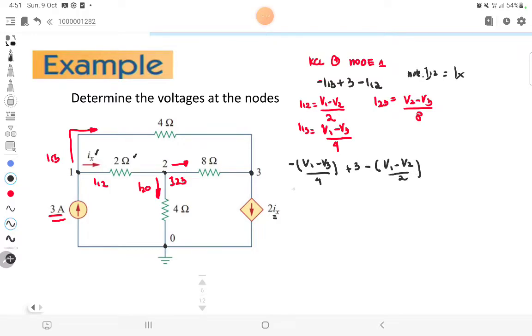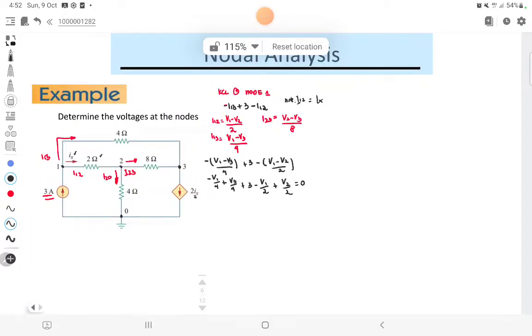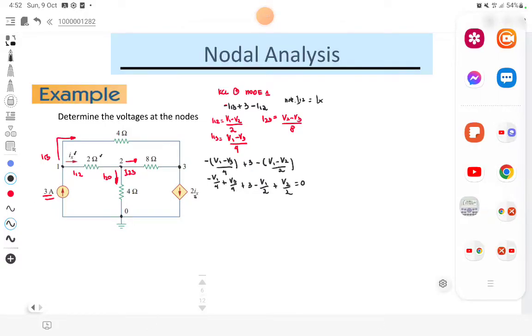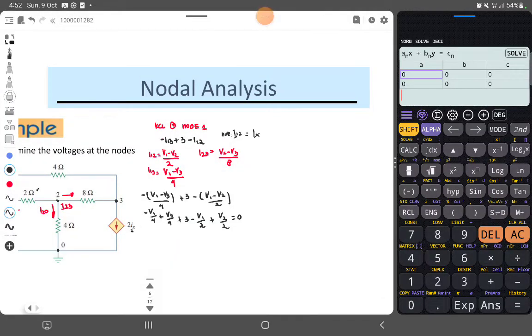So from here I will have negative V1 all over 4 plus V3 all over 4 plus 3 minus V1 all over 2 plus V2 all over 2 equals 0. Before we finally compute this, it is better to combine our like terms, because simplifying our equation early is better.